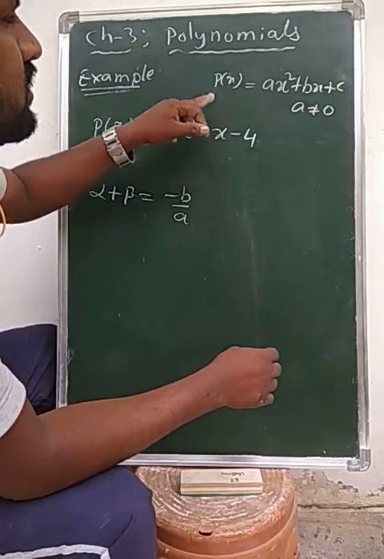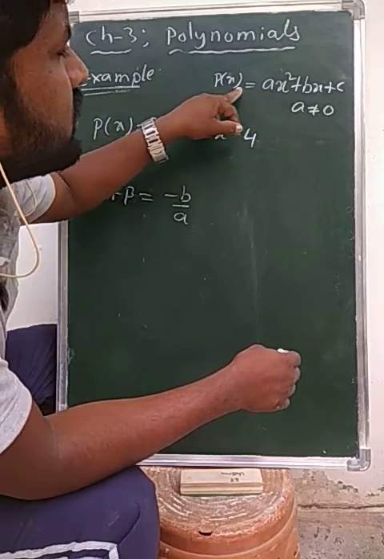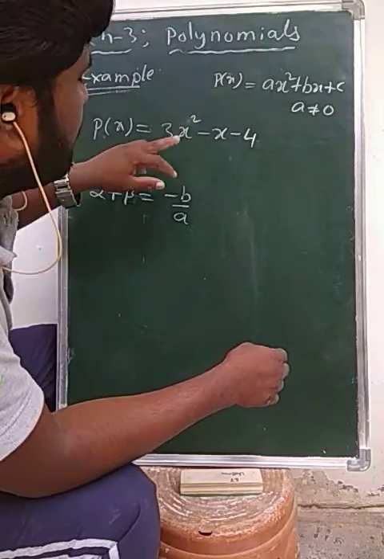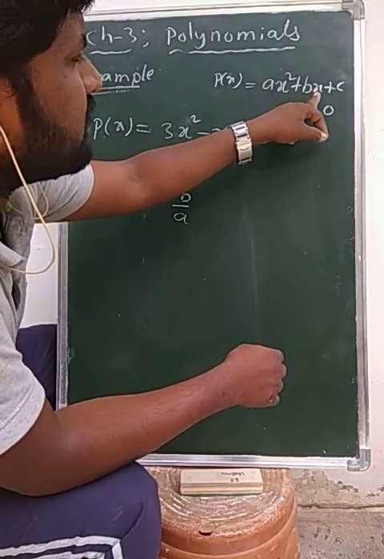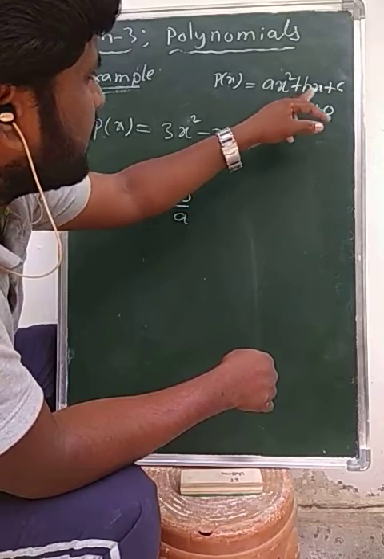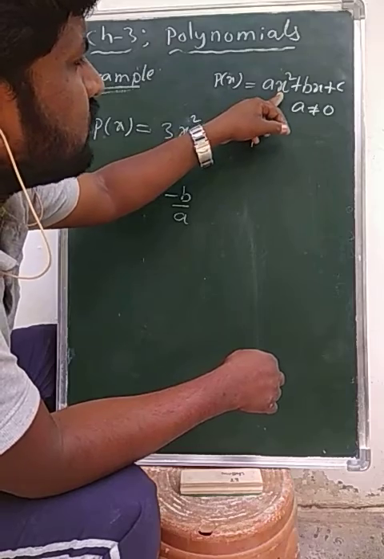Here b is the coefficient of x, so minus b means minus the coefficient of x, divided by a, where a is the coefficient of x square.